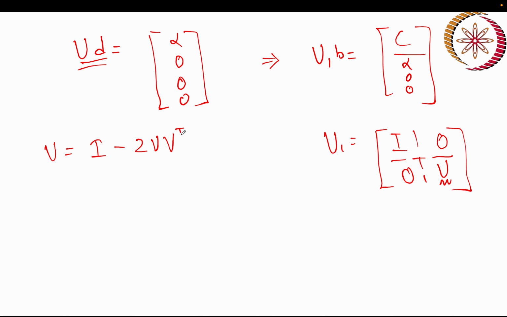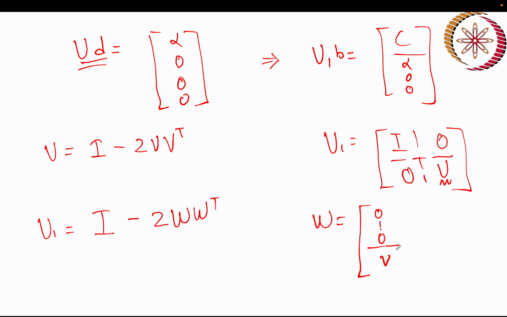Why I'm using this is because this U1 matrix we are treating as identity minus 2 W W transpose, and W will be 0, 0, and the last lower term will be V. So this will be the first r minus 1 terms, and this will be n minus r plus 1 terms.